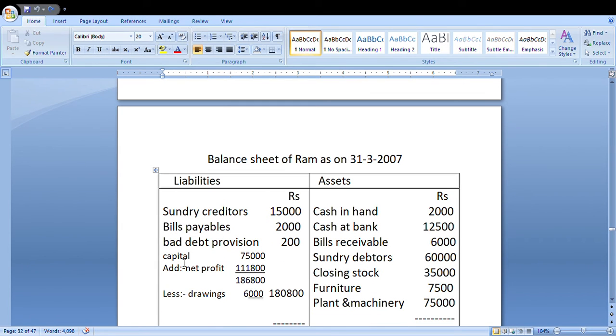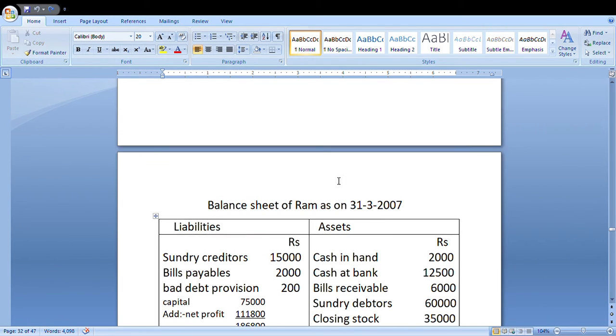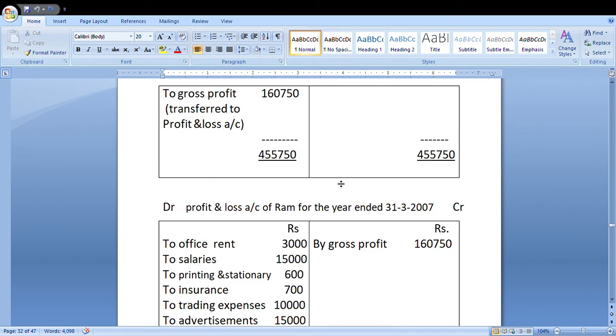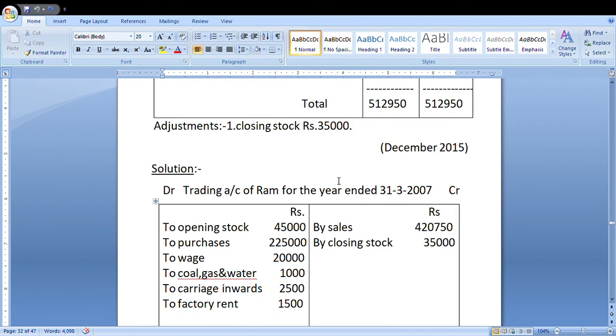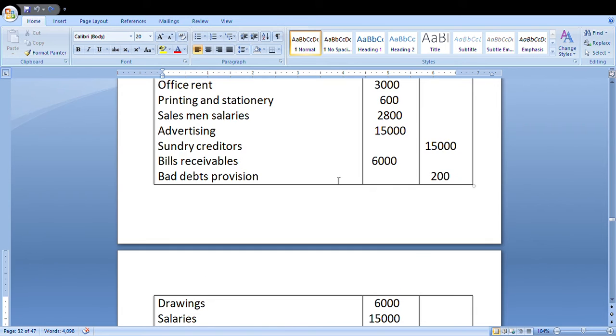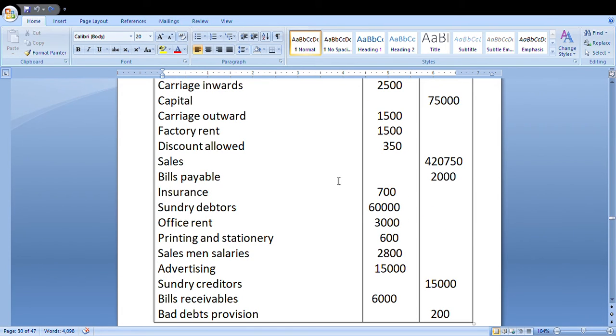Capital 75,000. To this capital, add the net profit and less the drawings. Next, carriage outwards also enters the profit and loss account.